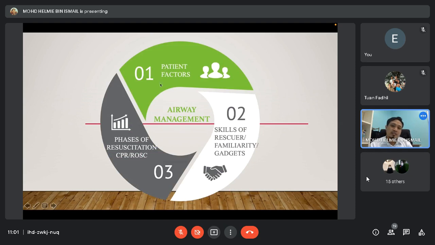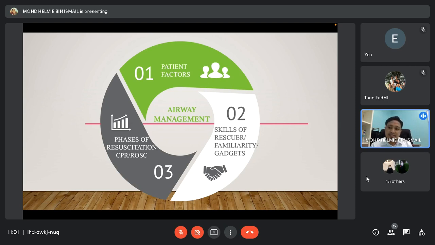depends on, first, patient factors. So patient factors, we have possibly an obese patient, a thin patient, adult and peds. So how you approach this patient is different. And then number two, the skill of the rescuer ataupun the familiarity with the gadget.